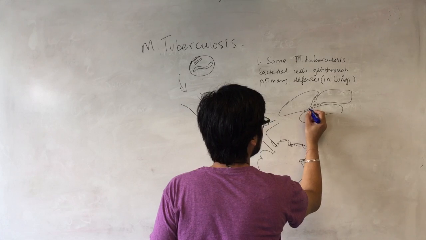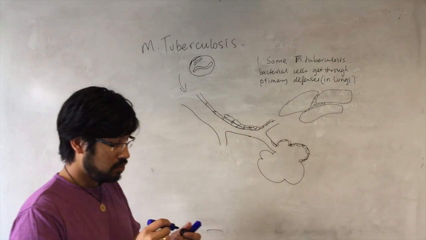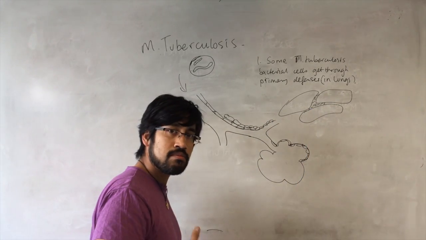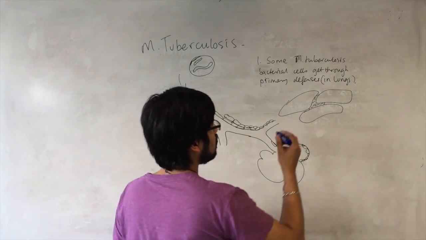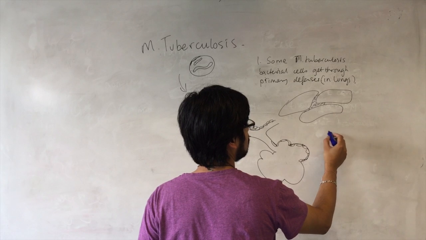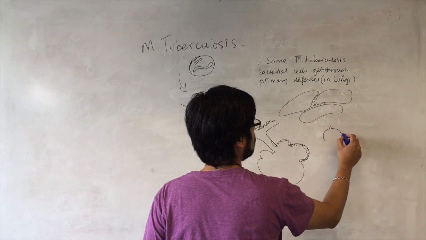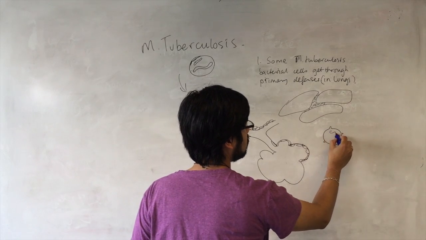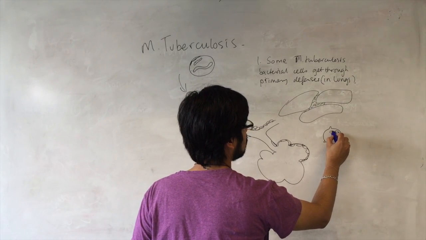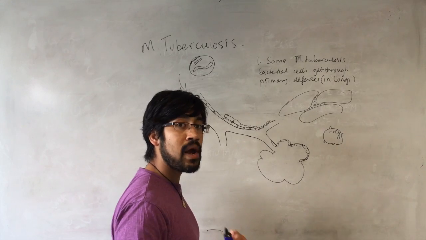And as they multiply, they will produce chemicals, substances that attract our secondary line of defense, our neutrophils and macrophages.